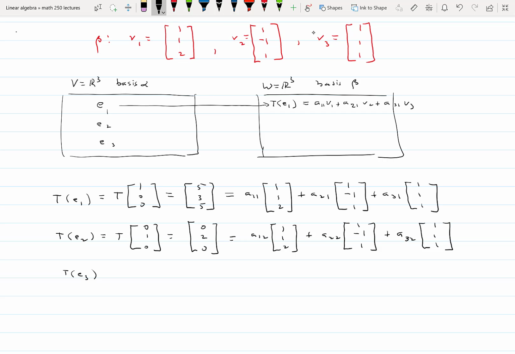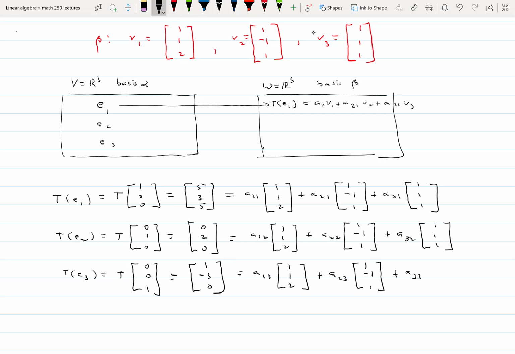Finally, T of E3 is T of 0, 0, 1. Plugging into our linear transformation, we get 1, -3, and 0. And this is A1 V1 plus A2 V2 plus A3 V3, but for E3. So it's A13 V1 plus A23 V2 plus A33 V3.